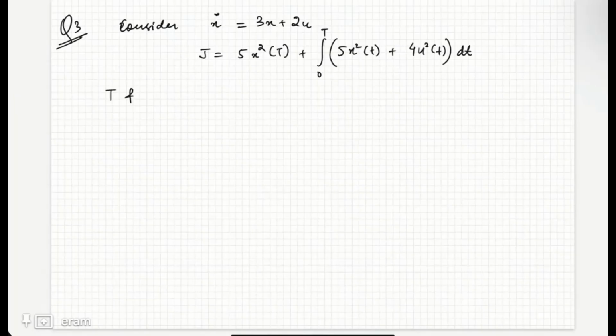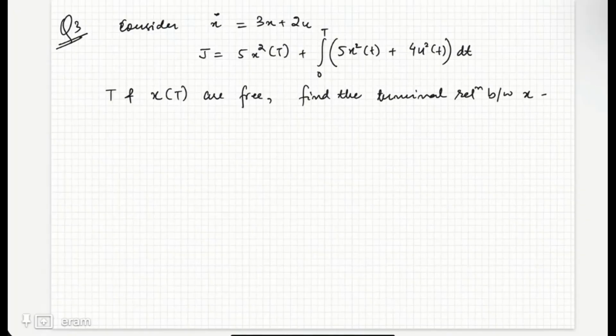It is given that t and x of t are free. For this problem, you have to find the terminal relation between x and lambda. That means you have to find the relationship between x of t and lambda of t as some function.